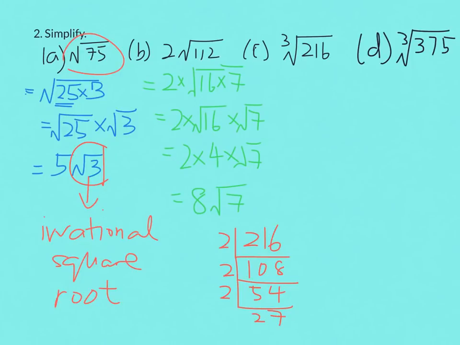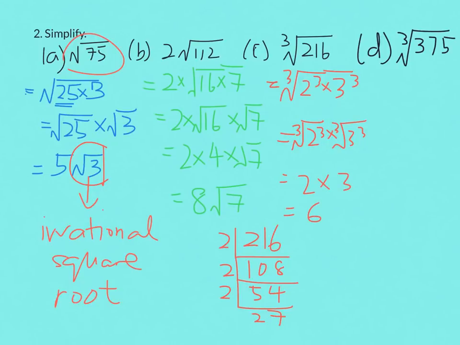So 216 can be broken into the product of 2 cubed times 3 cubed. So from here, you can see that I can break it up into cube root of 2 cubed times cube root of 3 cubed, and that will give me 2 times 3, and that will be 6.